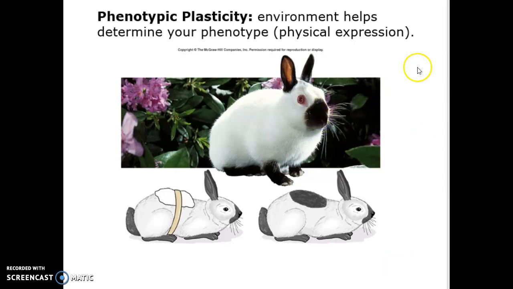Body temperature dictates the expression of hair color. If you have a warmer environment on the rabbit's body, it will produce white. That's why the core of the body is all white, because the body temperature is actually higher. If the body temperature is a bit lower, like in the ears and the feet and the nose, then the expression changes and now you express black hair.